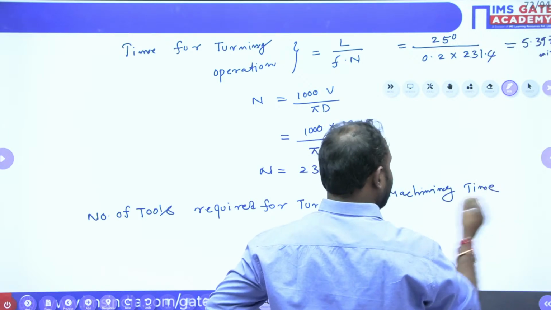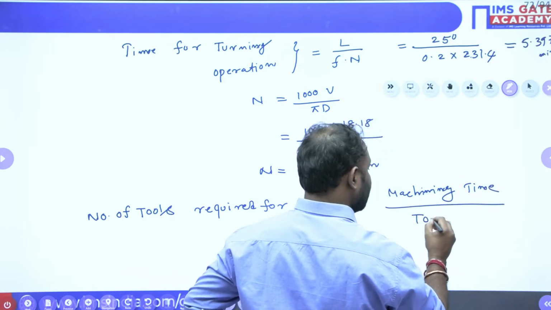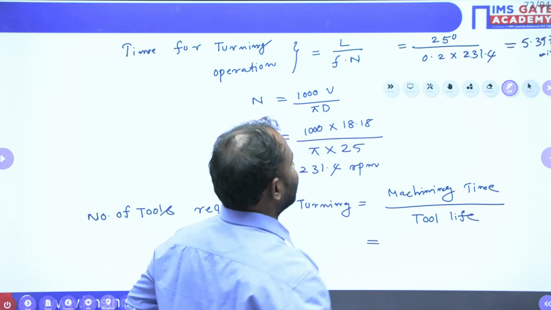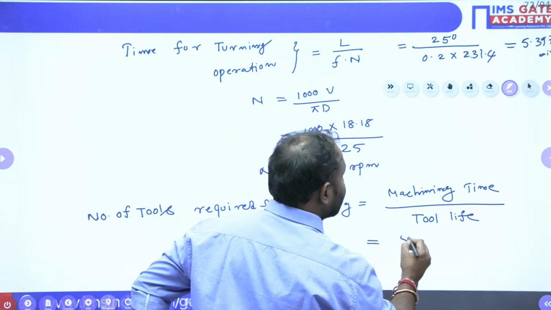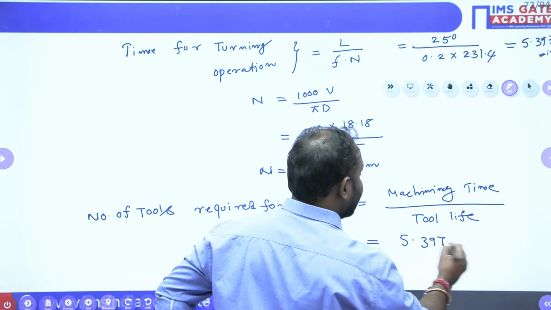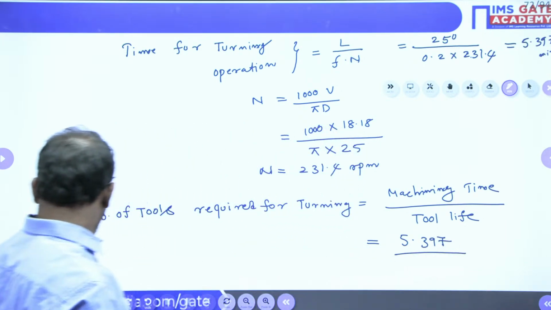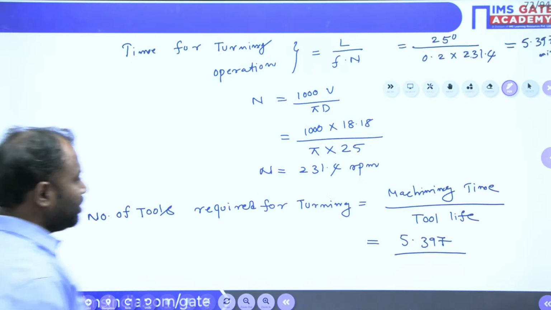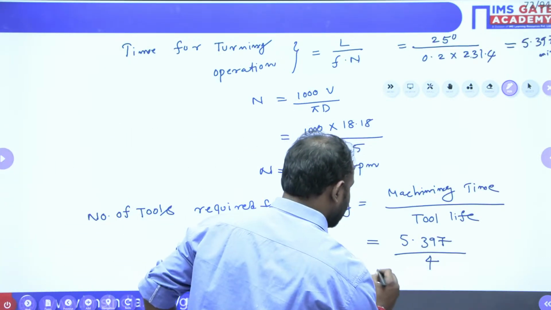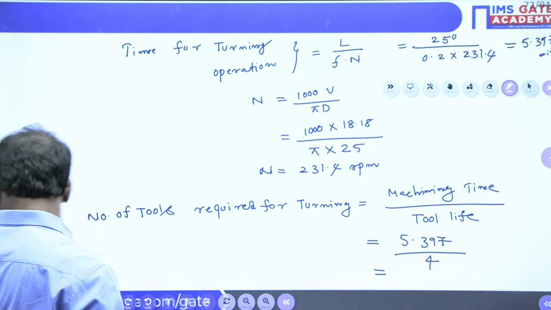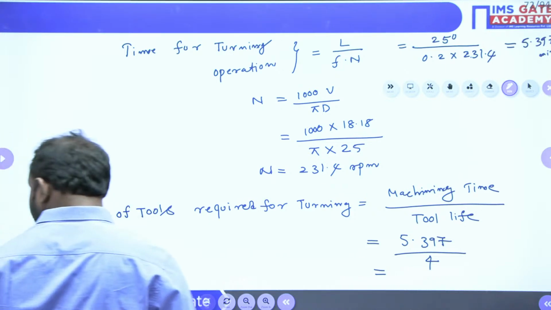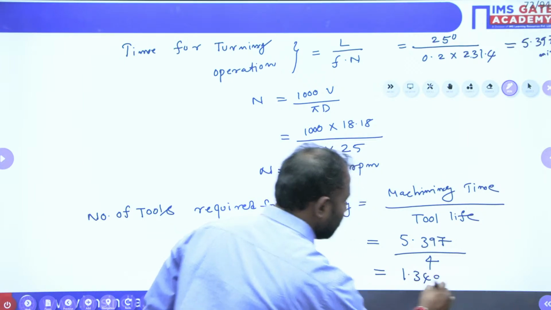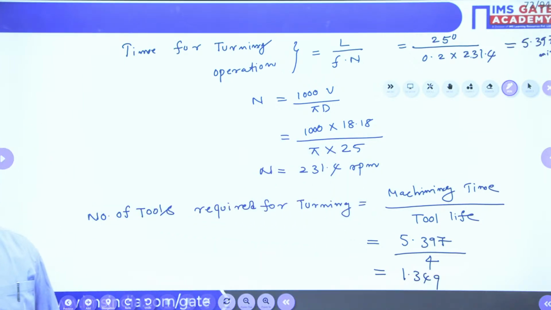What is machining time? 5.397, and the tool life we have found, optimum tool life, is 4 minutes. So you are going to get the number of tools required for the machining operation as 1.349.